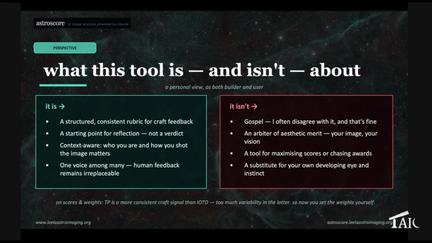It's a starting point for thinking about an image, but I don't want it to be a verdict on an image. The tool is hopefully context aware, and a lot of the versions that I've iterated and developed have been to make it more nuanced, more context aware.